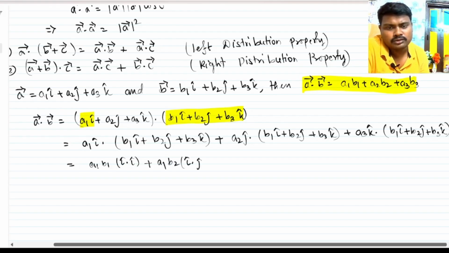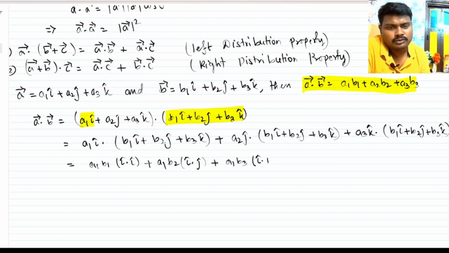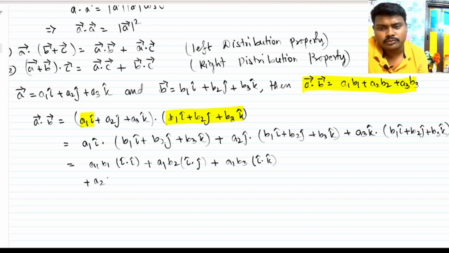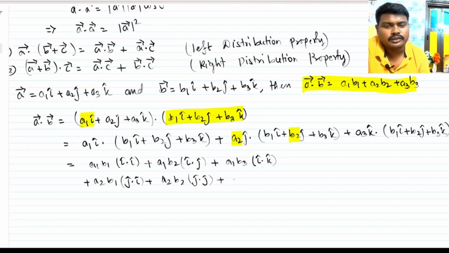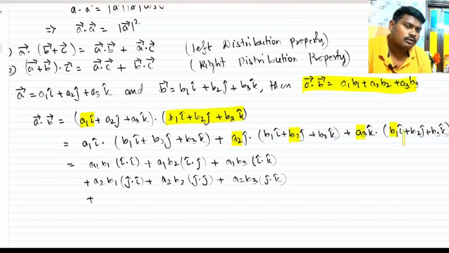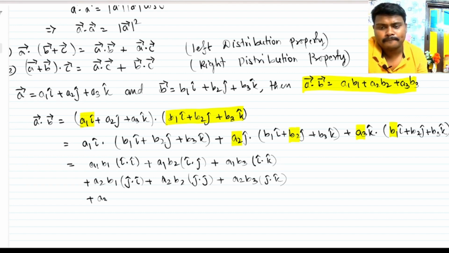Then I cap dot j cap, a1 b3 I cap dot k cap, plus a2 b1 j cap dot I cap, then a2 b2 j cap dot j cap, plus a2 into b3 j cap dot k cap, plus a3 into b1 k cap dot I cap, plus a3 into b2 k cap dot j cap, plus a3 into b3 k cap dot k cap.